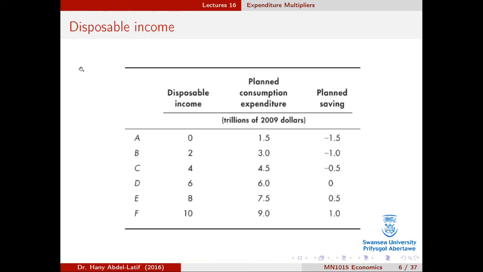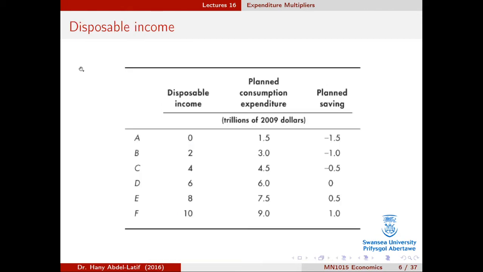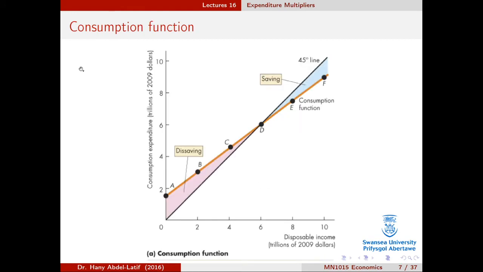And that's what we saw here. For A, B, C, consumption exceeds the disposable income. But at point D, both become equal. So for D here, disposable income is 6, and consumption expenditure is 6. And that is the point we see here, D.